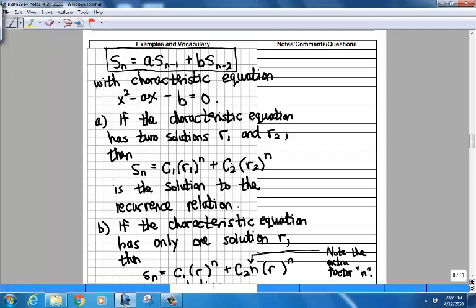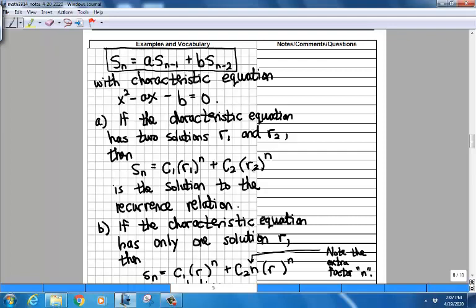So notice the form of the solution to the recurrence relation. Some constant times the first characteristic root to the nth power, plus some constant times the second characteristic root to the nth power. This is not recursive, right? This is not a recursive formula. So that's going to be, I claim here, the solution to the recurrence relation.